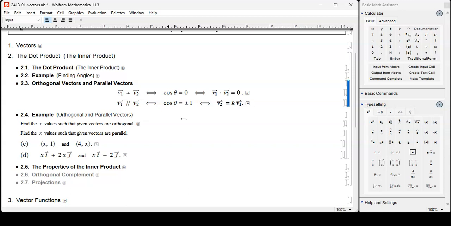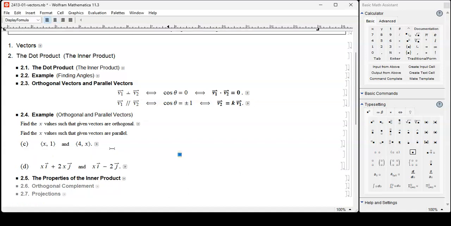We can do that. But it's going to be a bit more convenient to do it this way, using scalar multiplication. So the first vector is some scalar times the second vector.